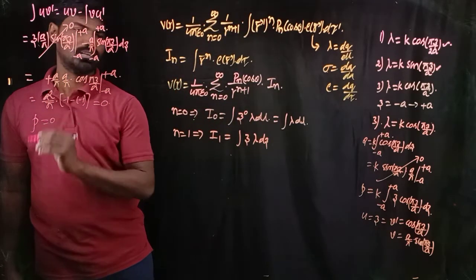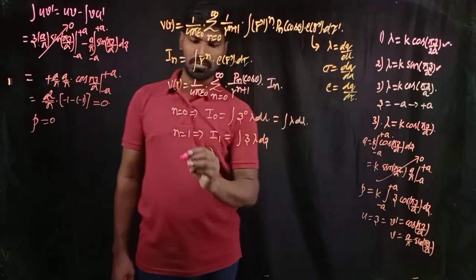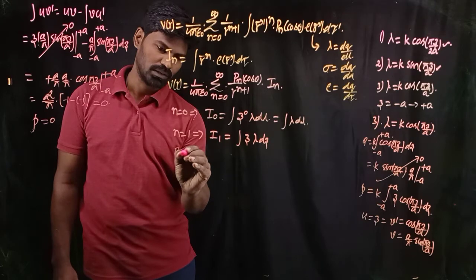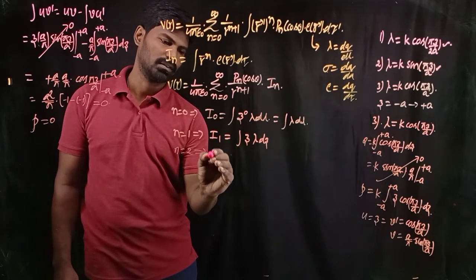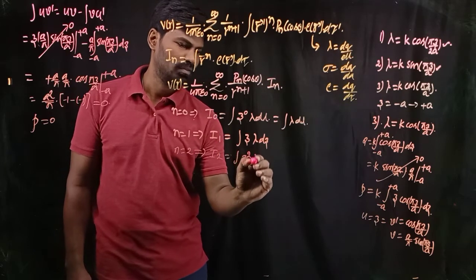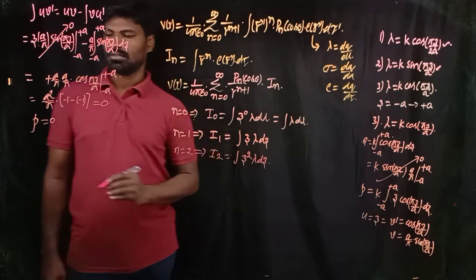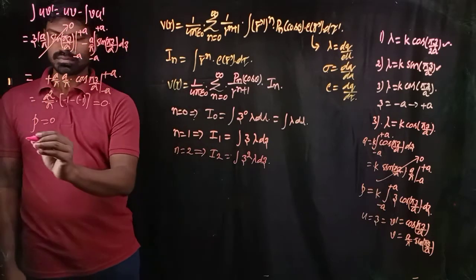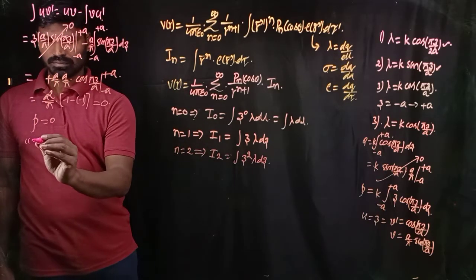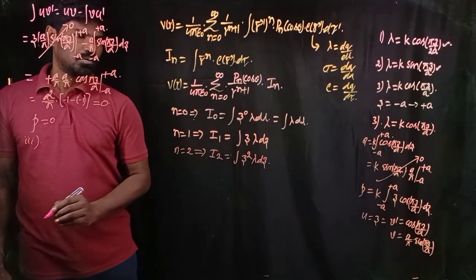Then we should go for the next pole, that is the quadrupole moment. In this integral, the quadrupole moment is obtained by substituting n equal to 2. That implies I2 is equal to the integral of z square into lambda dz, and I am going to calculate it here. So I am going for the third term, the quadrupole moment I2.